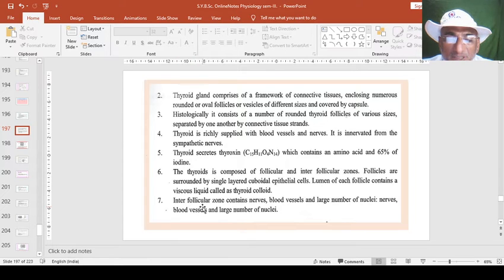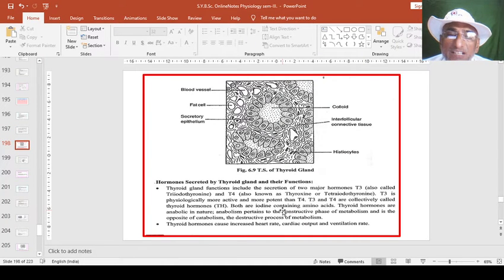Next, interfollicular zone contains nerves, blood vessels for nutrition, and large number of nuclei, which controls the activities of these cells. The nerves, blood vessels, and large number of nuclei are naturally there. So this is the basic structure or histological arrangement of the thyroid gland.